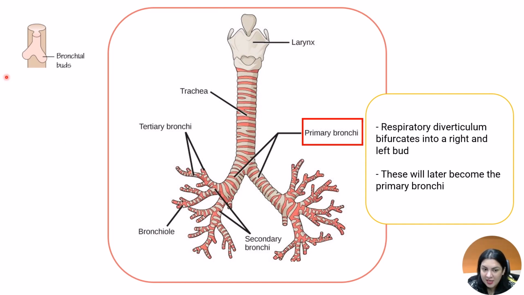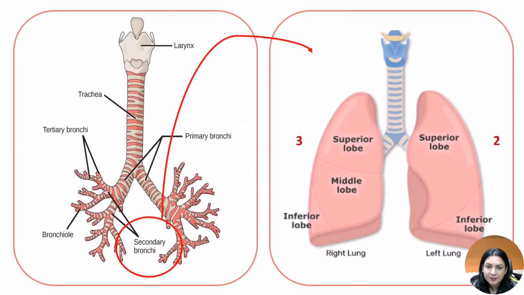By this stage, we're roughly around week 5 of development, and the tracheal bud as it's developing here has now split into two to give rise to the two bronchial buds, or the primary bronchi, you see here.